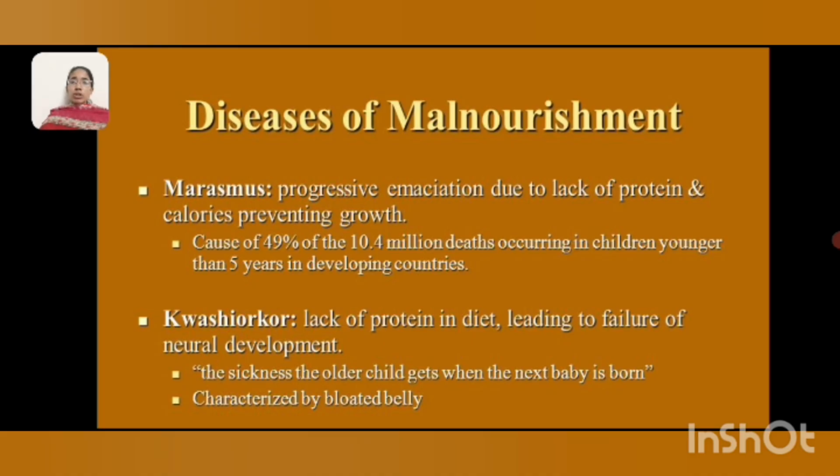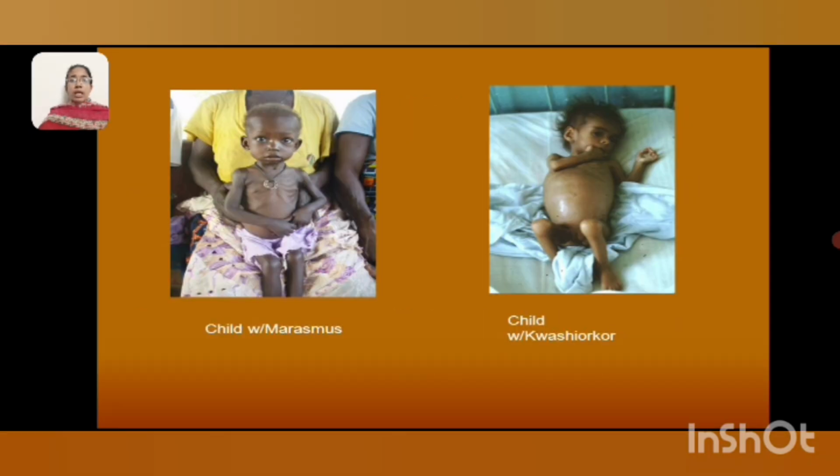Then kwashiorkor is when a child's diet lacks protein. When kwashiorkor occurs in our body, automatically the child's neural development will be affected, which leads to growth prevention. These are the reference pictures for children suffering from marasmus and kwashiorkor.